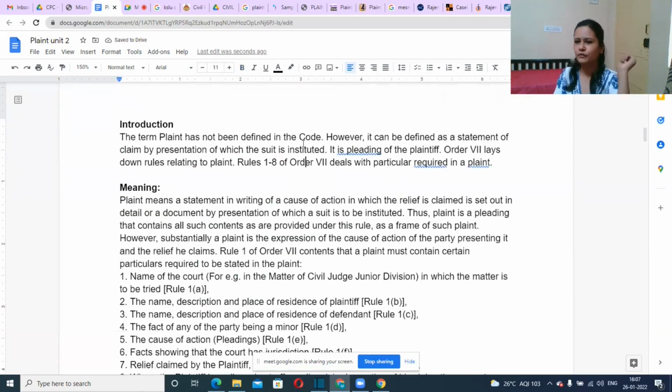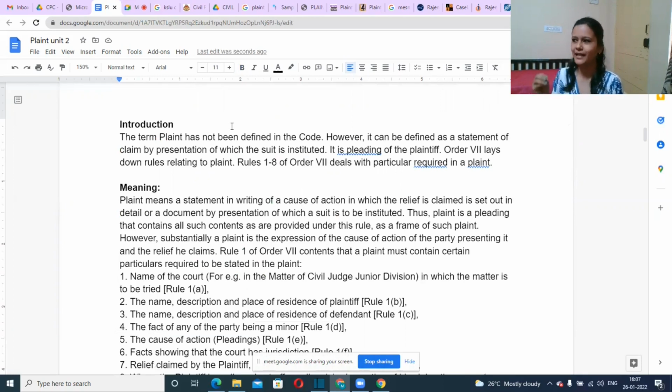Okay, so as such, if we look at the definition part of CPC, plaint has not been defined, but it can be said that it's nothing but a statement of claim, because the suit will be instituted by presentation of the plaint. So it's nothing but pleading of the plaintiff, right? That's why we say plaint and plaintiff.